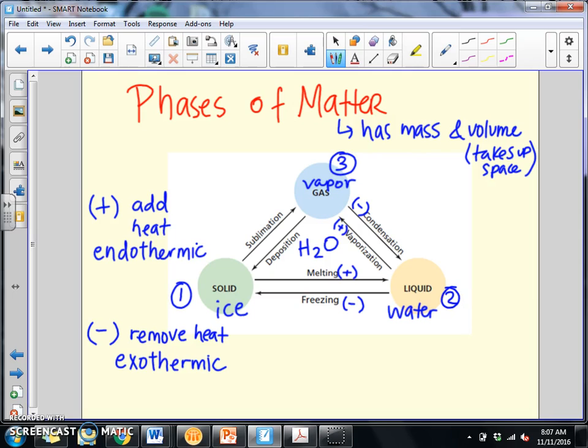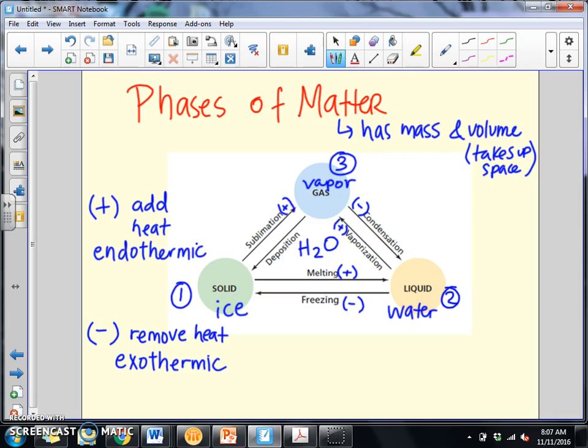Now, if you've ever seen dry ice, you've seen an example of sublimation. Sublimation and deposition are the ones that are a little less familiar to us. Sublimation is when we go from a solid to a gas, and that will also be endothermic. We add heat there.